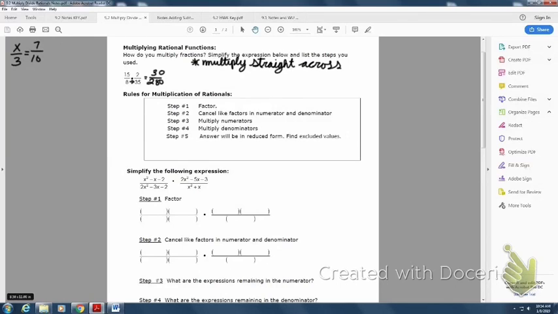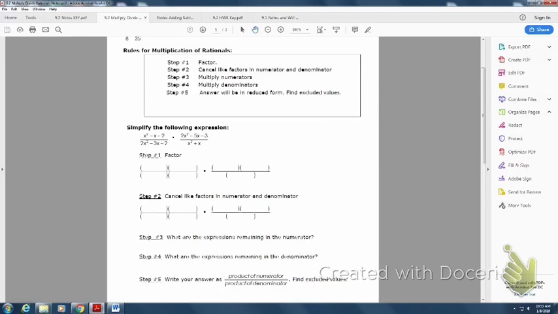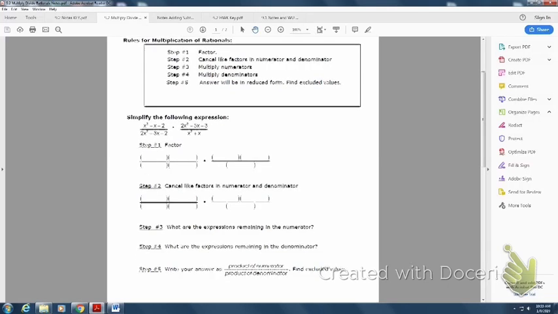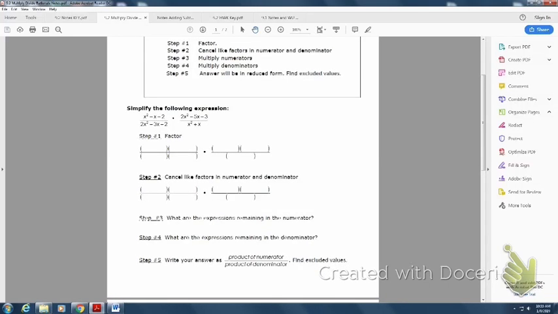All right, so getting into this example, again the notes are pretty short today. We're only doing two problems, one multiplication problem, one division problem, because I do think it's pretty straightforward. So the very first step is you're going to factor. In parentheses up there you might put if you can.